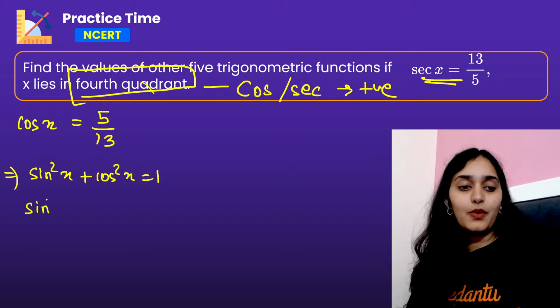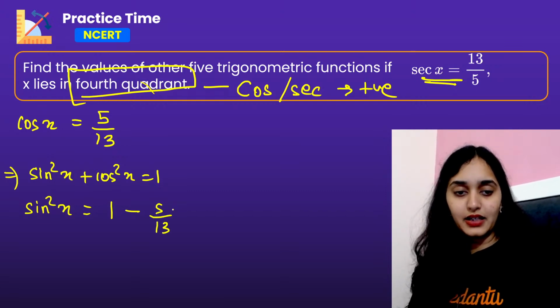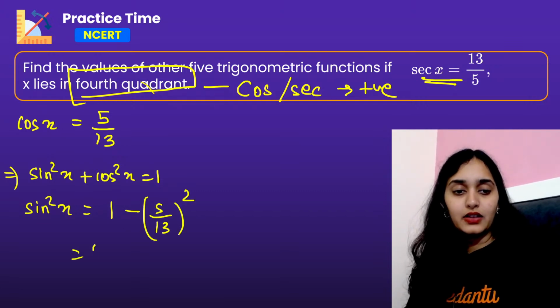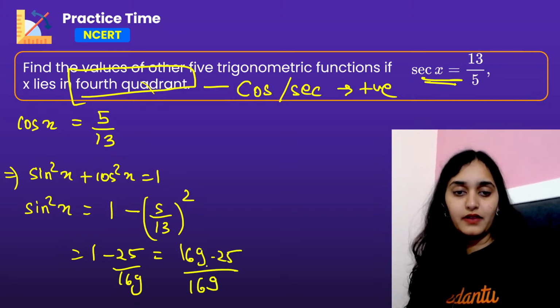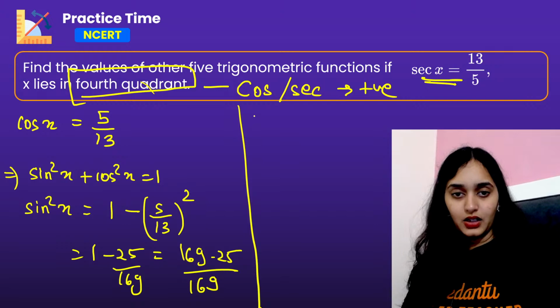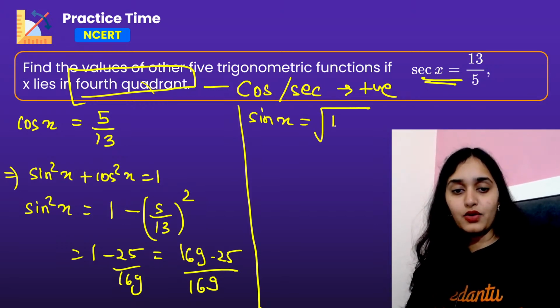So, sine square x is 1 minus 5 by 13 whole square. So, this is 1 minus 25 by 169. This is 169 minus 25 upon 169. So, sine x is basically square root of 144 upon 169.